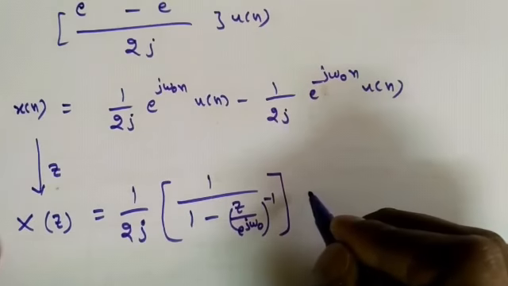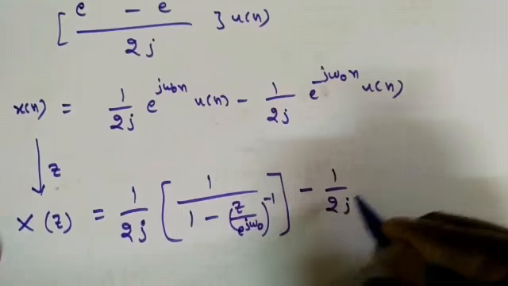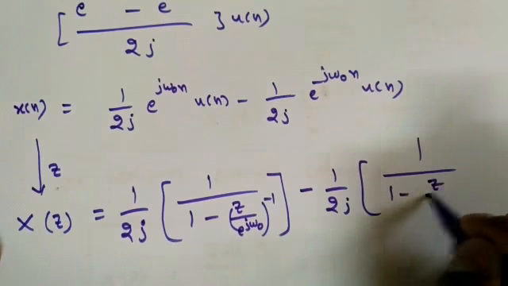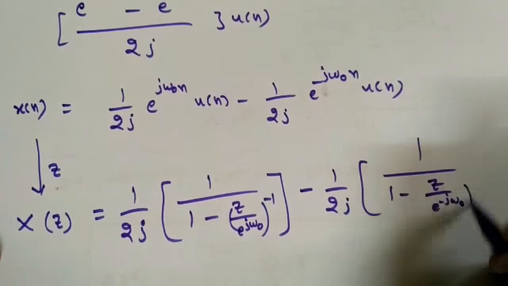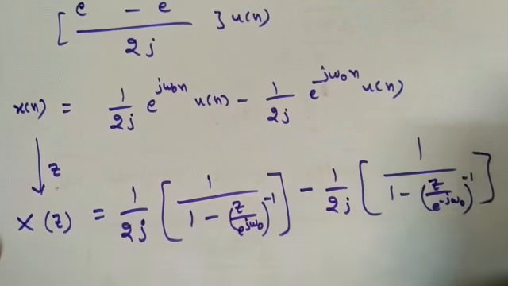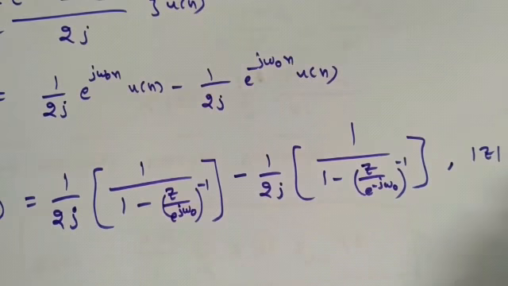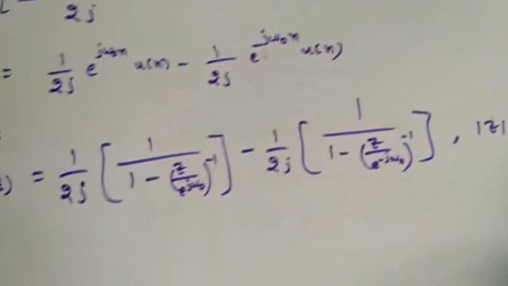This is the first part. Second part is 1 by 2j, same, we will get 1 by 1 minus z by e power minus j omega naught, inverse. And what is the ROC? ROC is same, mod z is greater than 1, right?